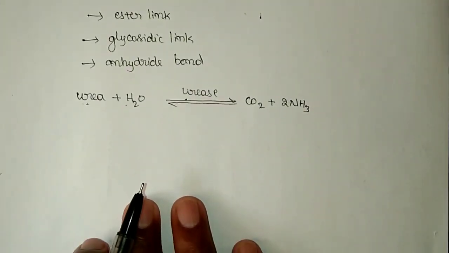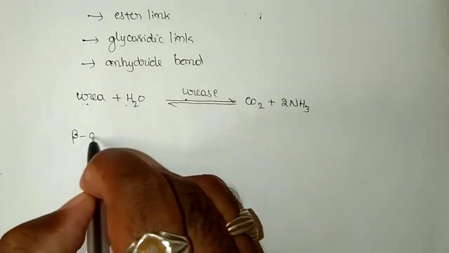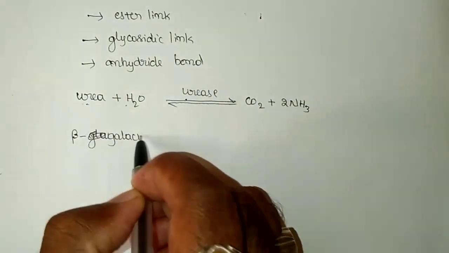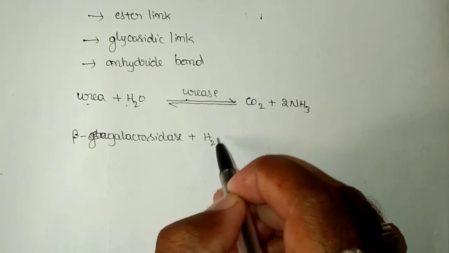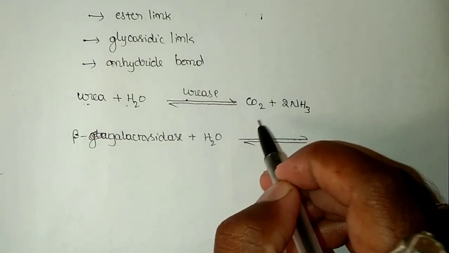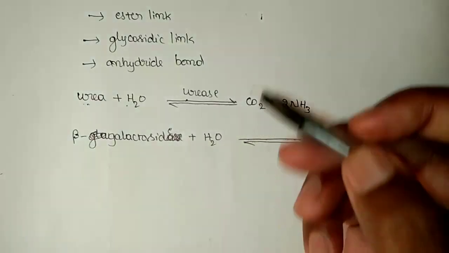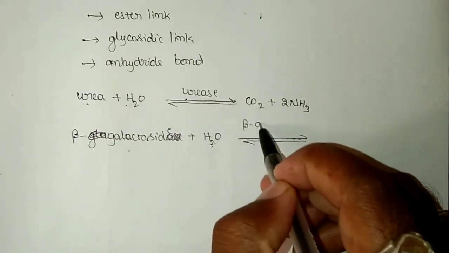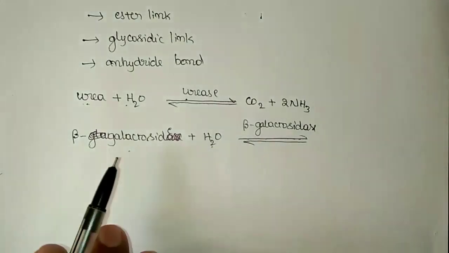And we can give one more example for this hydrolase enzyme. Say you want to carry out the hydrolysis of beta galactoside with H2O, and this also reversibly occurs. Beta galactoside is the substrate molecule, and to carry out its hydrolysis we need beta galactosidase, the enzyme needed for performing hydrolysis.